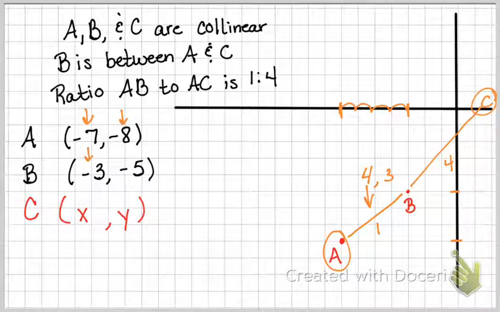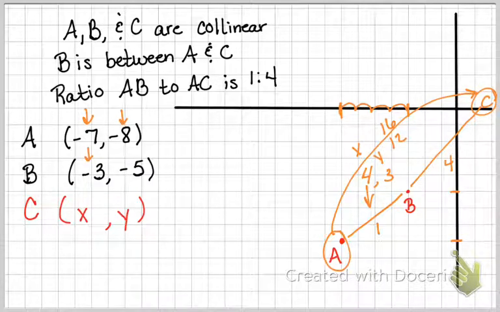So we have to move 16 in our x's. For our y's, it was 3. Well, 3 times 4, because it's a ratio of 1 to 4, we get 12. So our y's have to move 12.